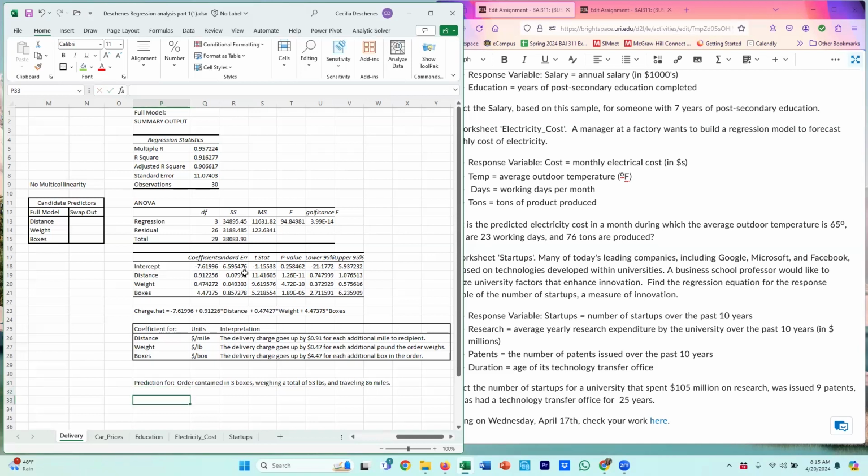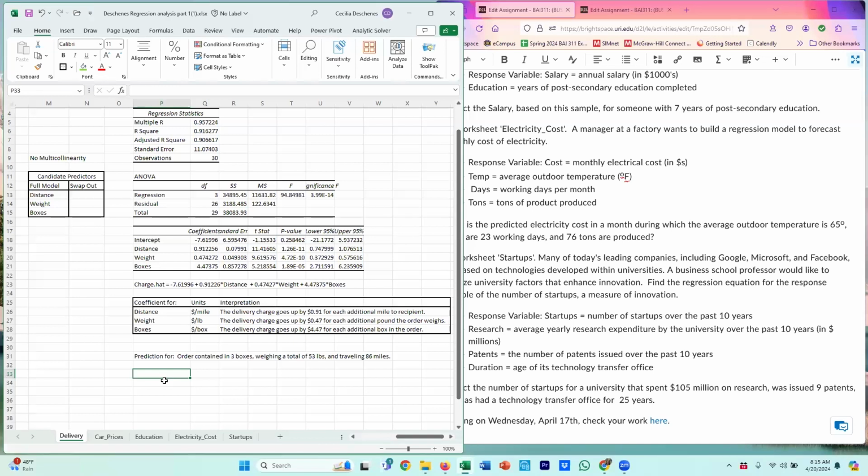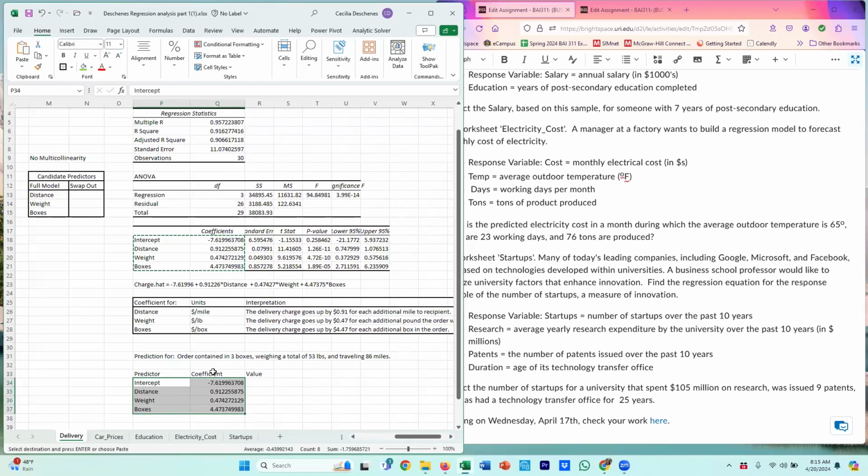So the delivery charge is going to then be where we use this information as the predictor variables. So predictor, coefficient, and then the value. Okay. So we're going to grab this information right here. I'm going to copy it here into this little predictor table. So bigger.